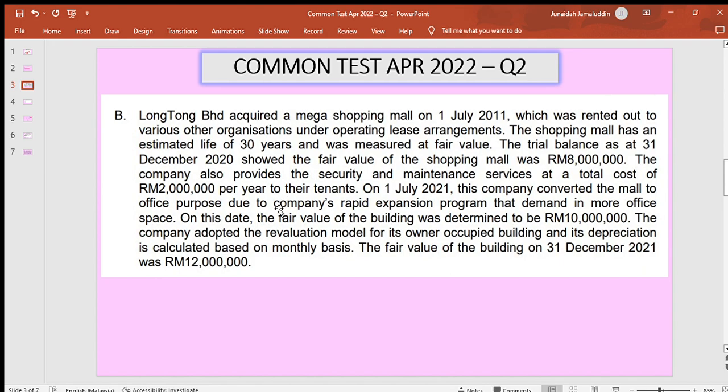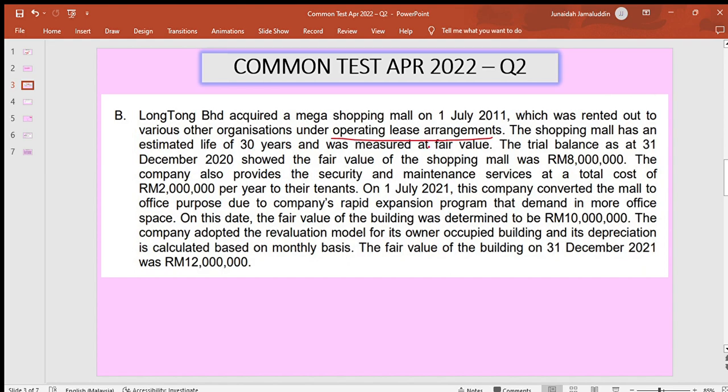Lontong Berhad acquired a mega shopping mall on 1st July 2011, which was rented out to various other organizations under operating lease arrangements. Let me highlight these words: operating lease arrangements, right? The shopping mall has an estimated life of 30 years and was measured at fair value.